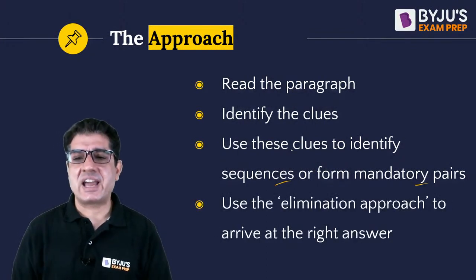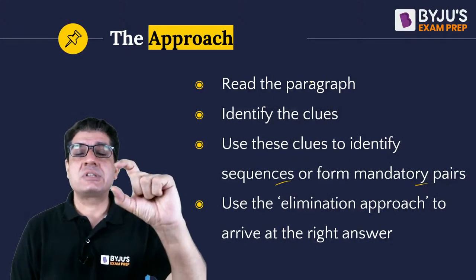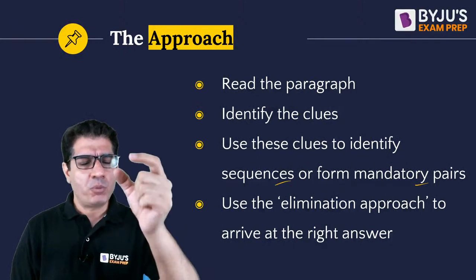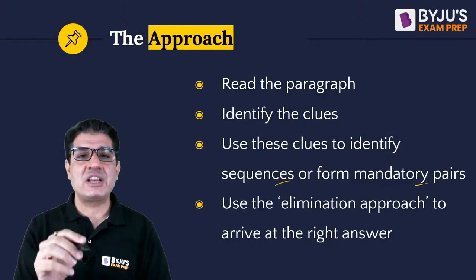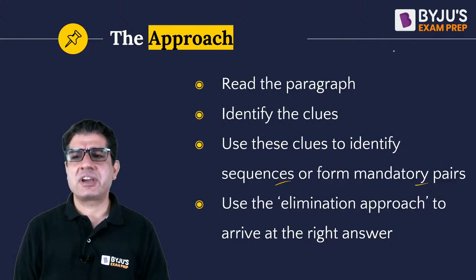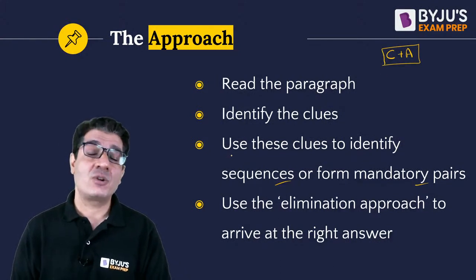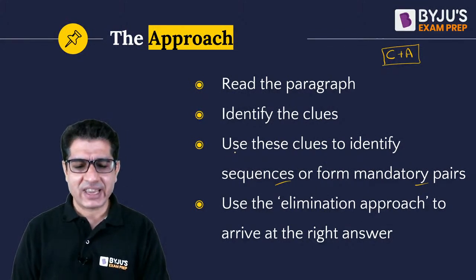What it means is that pick up one clue, use that one clue to figure out some relationship. The moment you've figured out that relationship, go to the answer choices and start eliminating the options. So let us say you've managed to figure out that C and A must go together. Then any option where C and A are not together can obviously be ruled out, can obviously be eliminated.